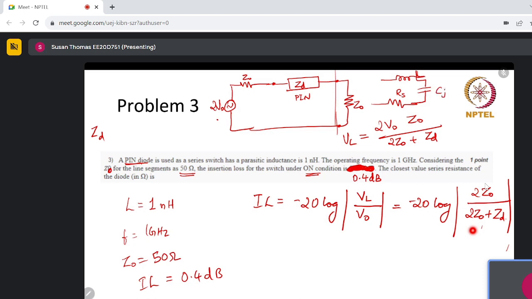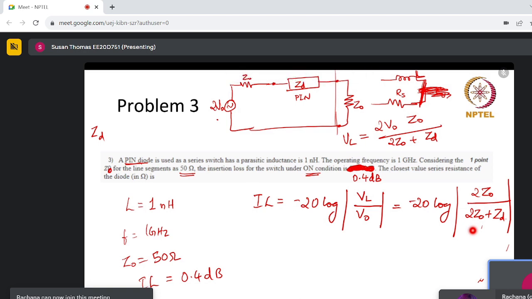As per the question, you already have the value of L. Whenever it is used as a series switch, you have only these two, RS and L.